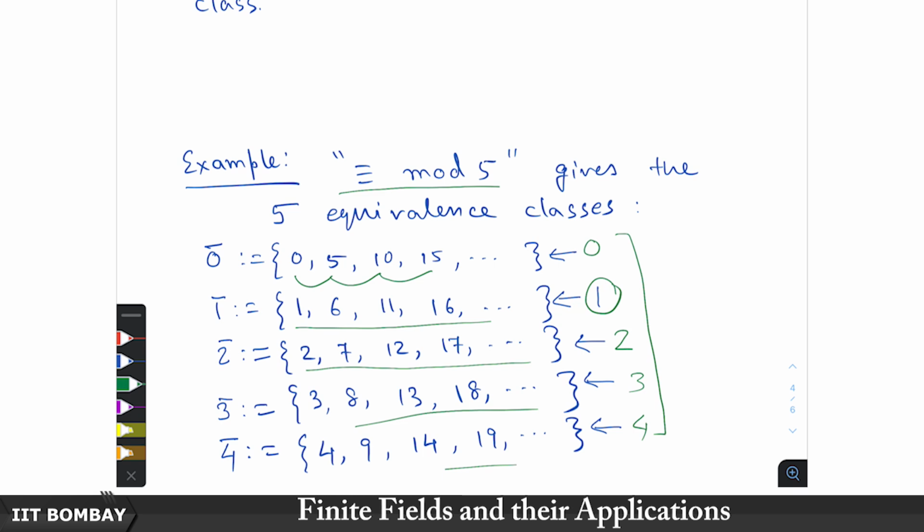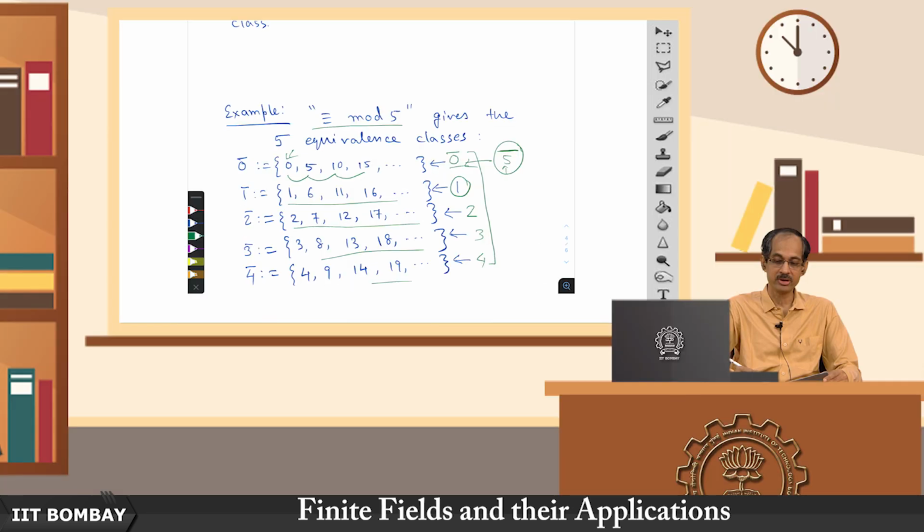So, these are the equivalence classes, and one can say that this is the equivalence class of 0, because 0 belongs to this, or one can also say this is the equivalence class of 5. So, you can take any element here and put a bar on it and say that this is the equivalence class of 5. We are basically taking a representative of the set, 5 or maybe 0.